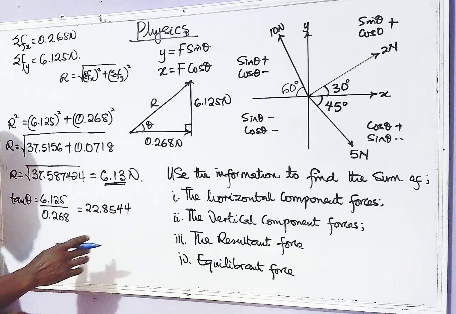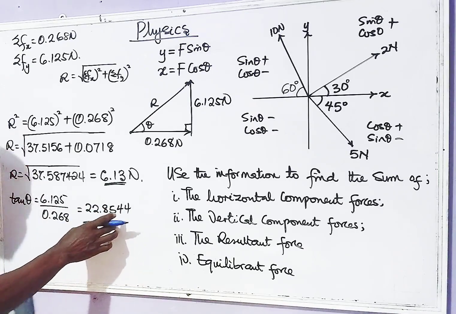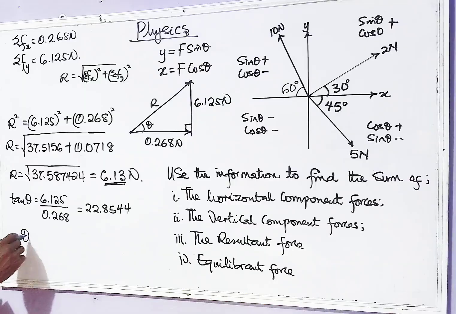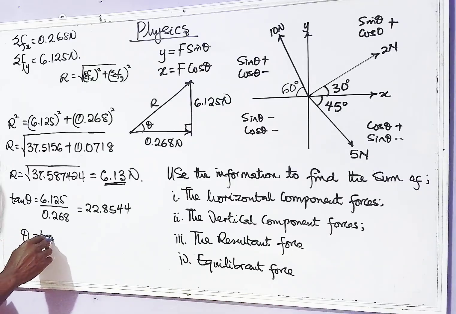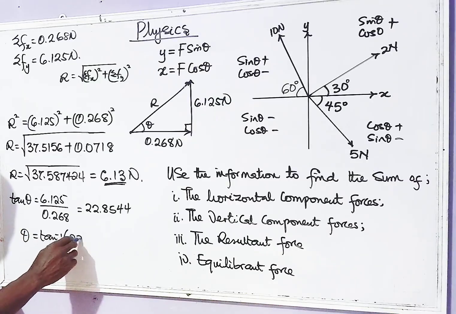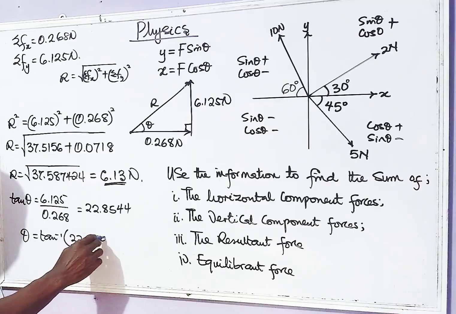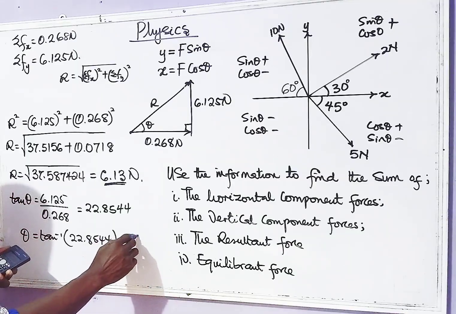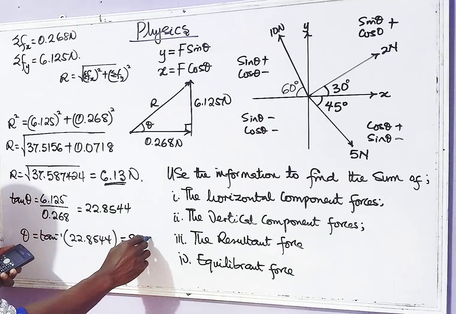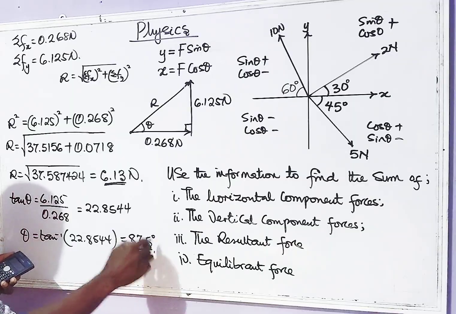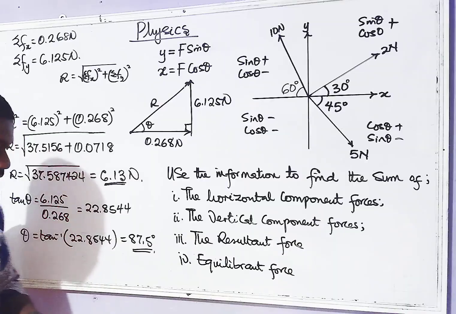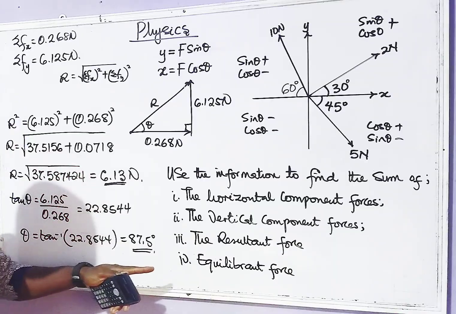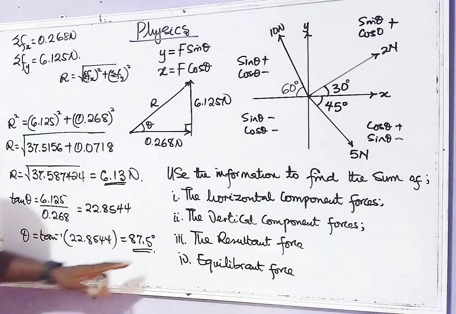So we have to find the tan inverse of this. So our angle will be tan inverse of 22.8544, which is approximately 87.5 degrees. All right, so this is for number 3.